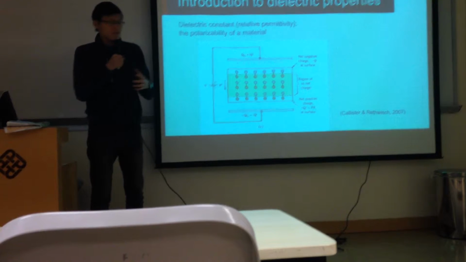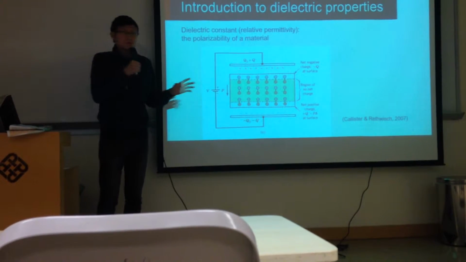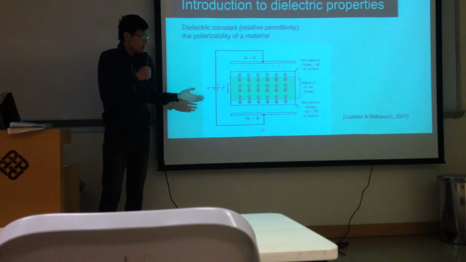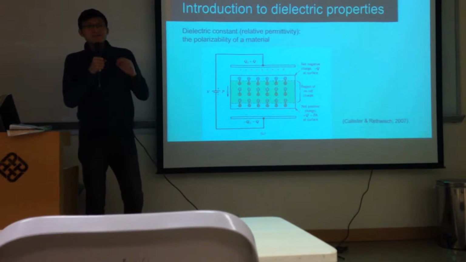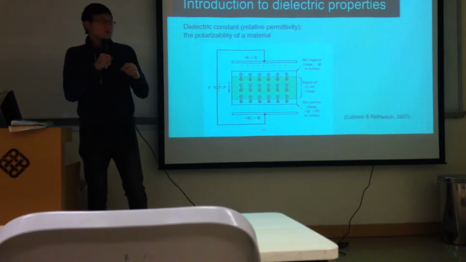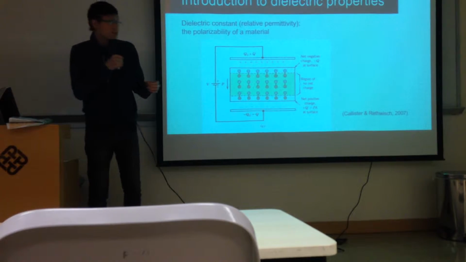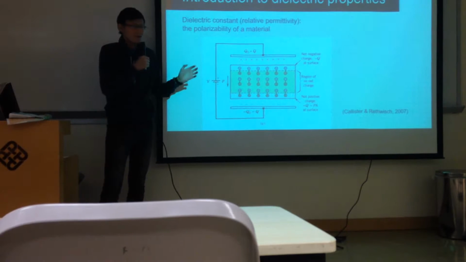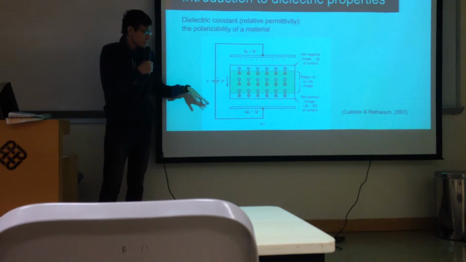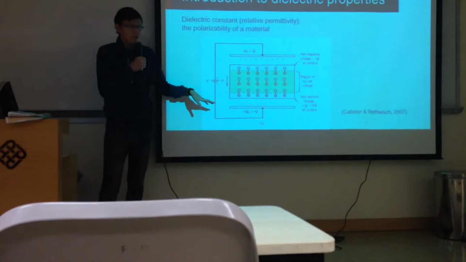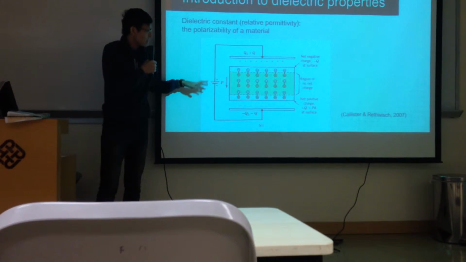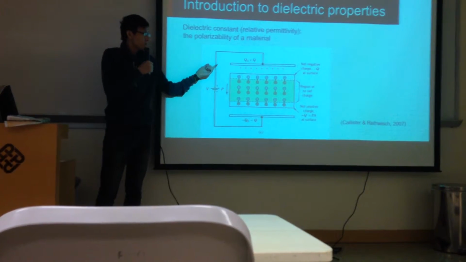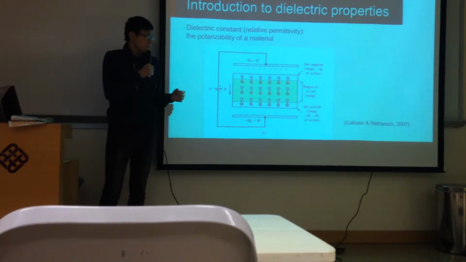And imagine if there is a dielectric material put inside the capacitor, like this one, and the molecules inside the material will be polarized, which means that the positive charges will lean towards the negatively charged metal plates, while the negative charges of the molecules will lean towards the positively charged metal plates.